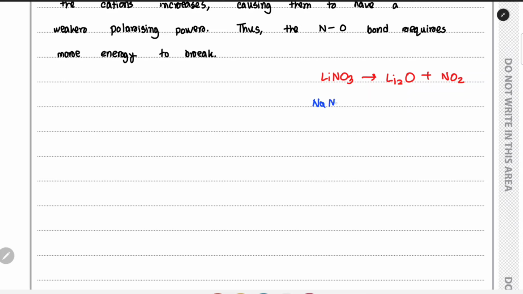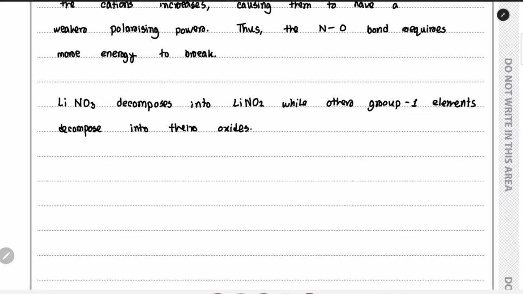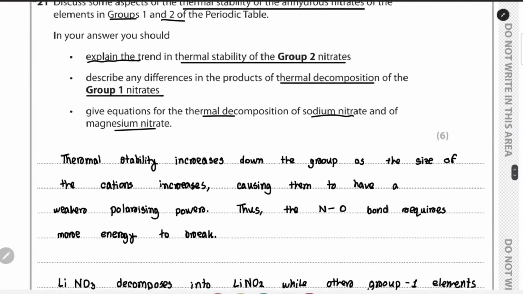So sodium nitrate, for example, will break down into NaNO2 and O2. Now we have to balance this. This is a half. So this is the difference. Basically, lithium nitrate breaks down like group 2 nitrates usually do, or it forms a metal oxide. So this is the difference.